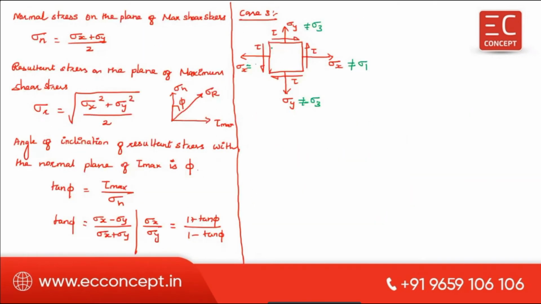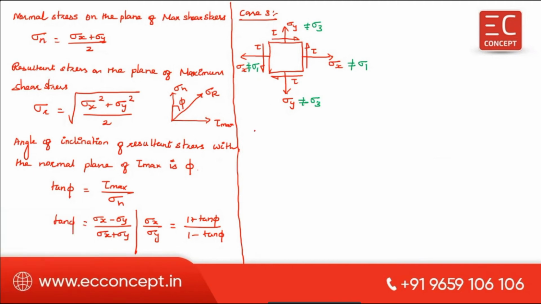That's why we said that is a principal plane, but here you can't say this is the principal plane. Why? Because there is a shear stress acting. So here the first thing is you have to calculate the principal stresses.